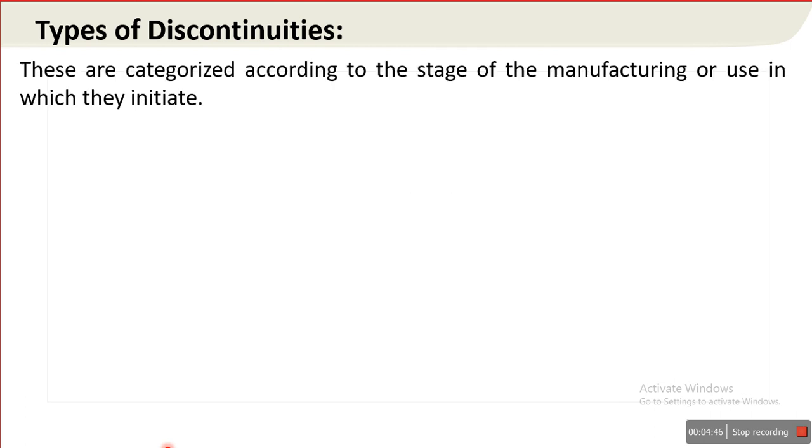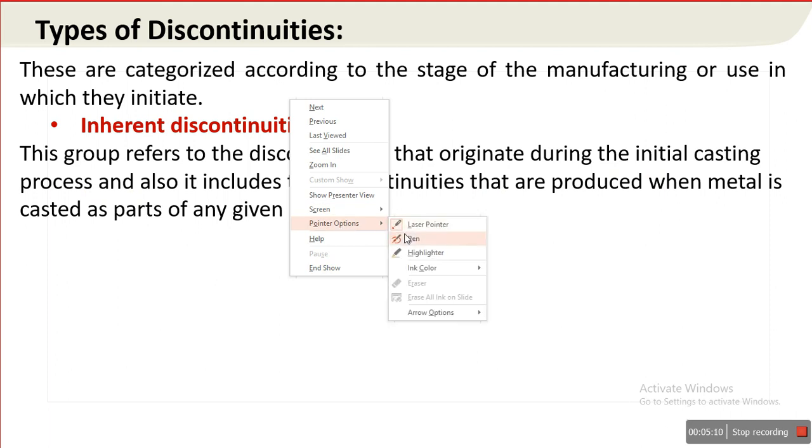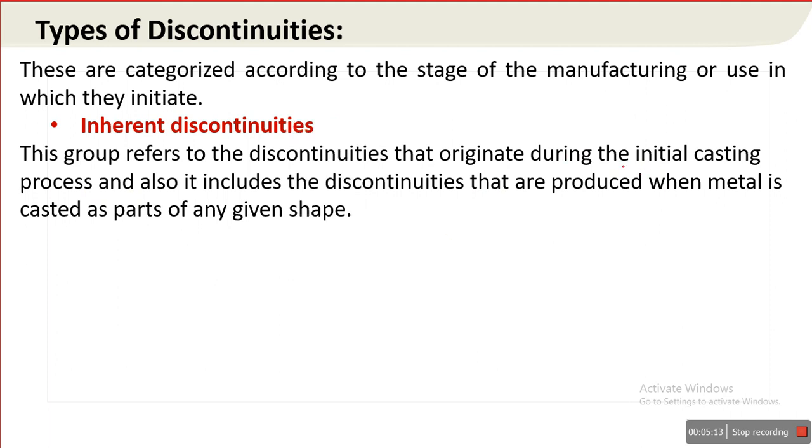Types of discontinuity. These discontinuities are categorized according to the manufacturing processes. The first one is inherent discontinuities. Inherent discontinuities is a group that refers to discontinuities that originate during the initial casting process, and also includes the discontinuities that are produced when metal is cast as part of any given shape.